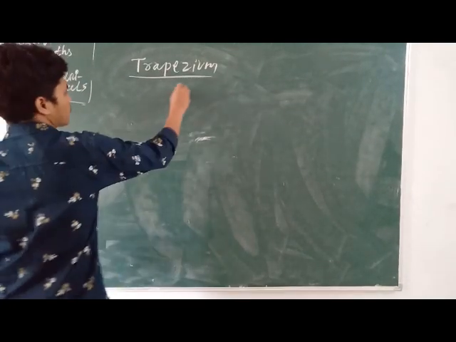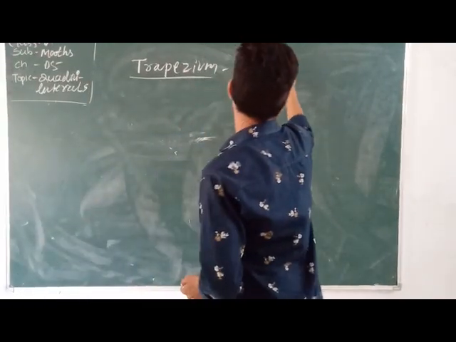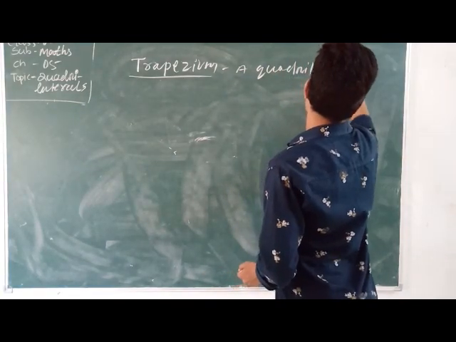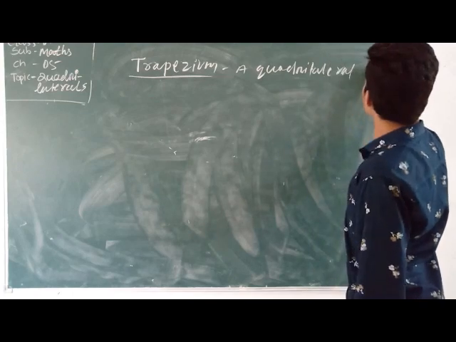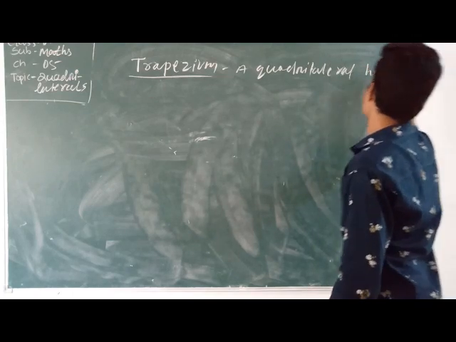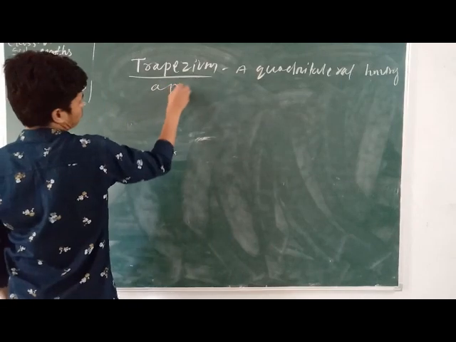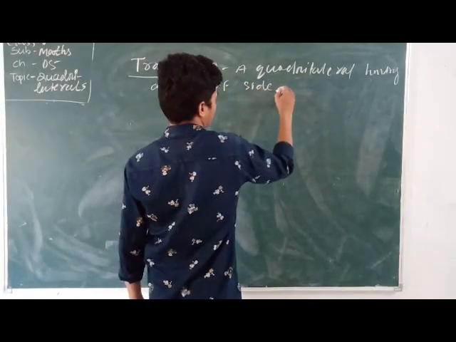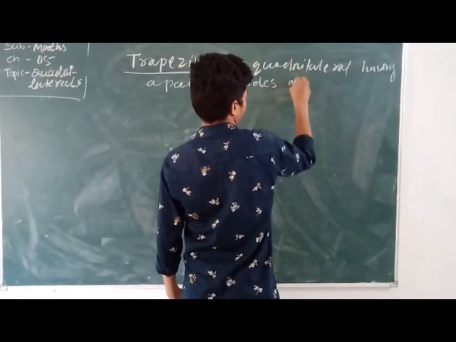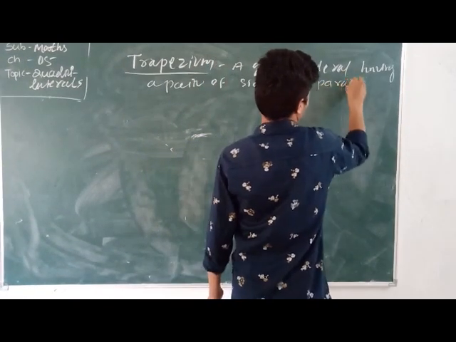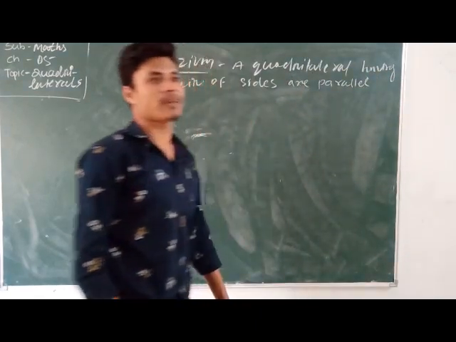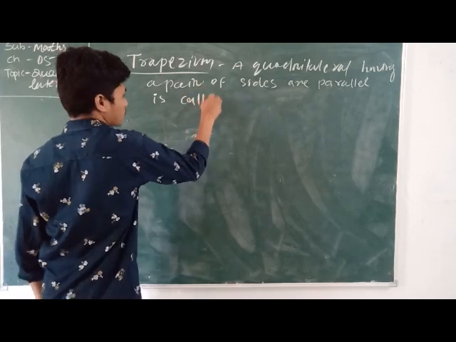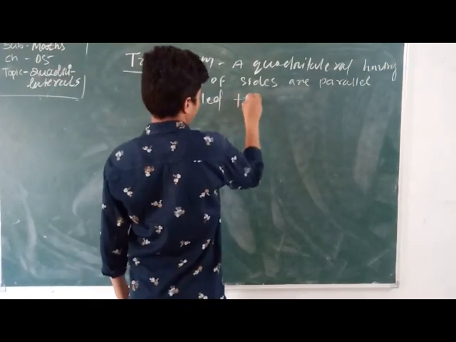A quadrilateral having a pair of sides parallel is called what? Trapezium.